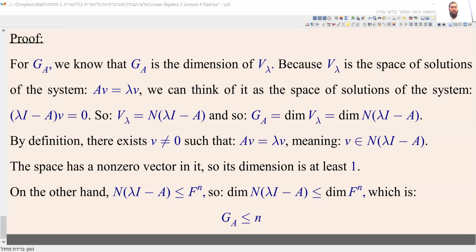Any question about that proof? Okay. What about the algebraic multiplicity?